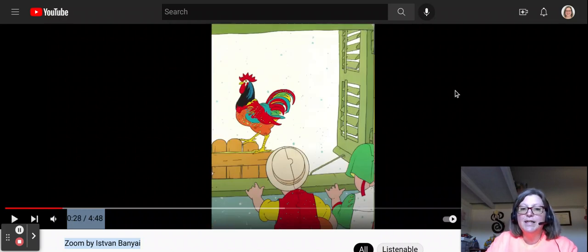Okay, so now we see that the rooster is standing on something brown that looks like a fence, and we see that there is a child with a brown hat and a child with a green hat in the picture. We see that there is a door or a window of some kind.